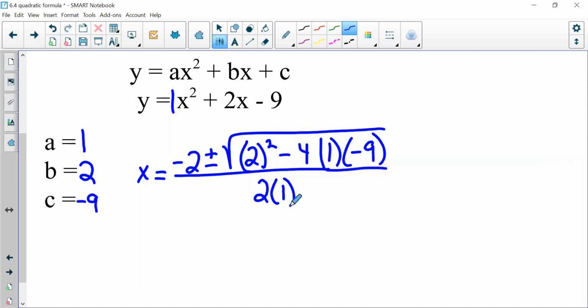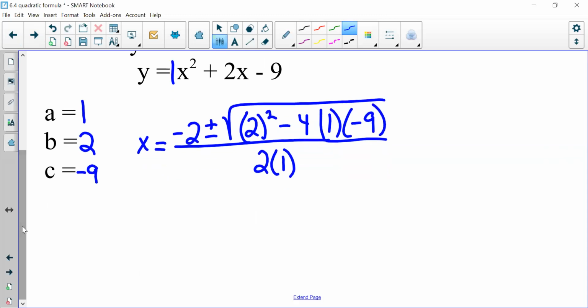How would you put the plus and negative? That's a good question. Before we go any further, the only thing I want you to do right now on your calculator is calculate what is 2 squared minus 4 times 1 times negative 9. I want you just to tell me what's underneath the square root sign. I don't want you to do anything else yet.